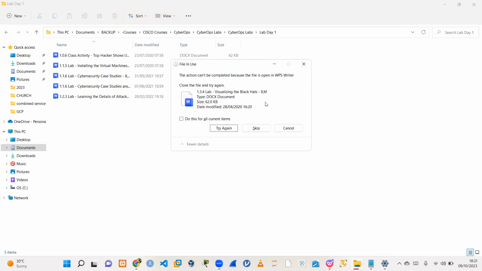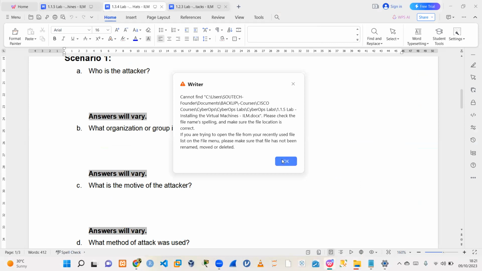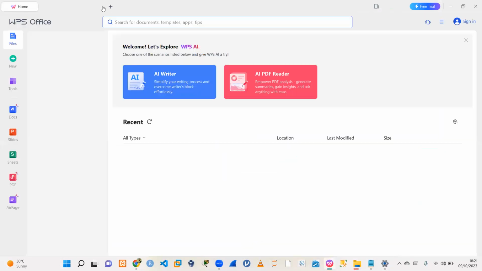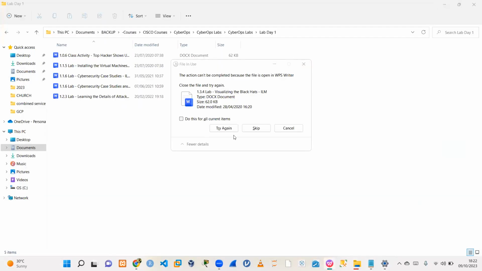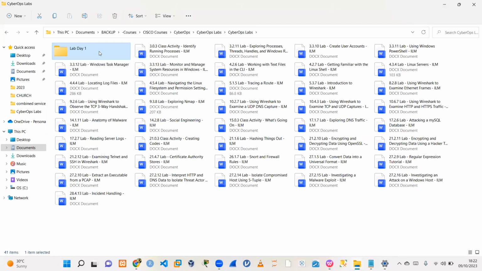I think they are already open. Let me close them and reopen them, just to do some file management. So these 7, we'll call lab day 1.